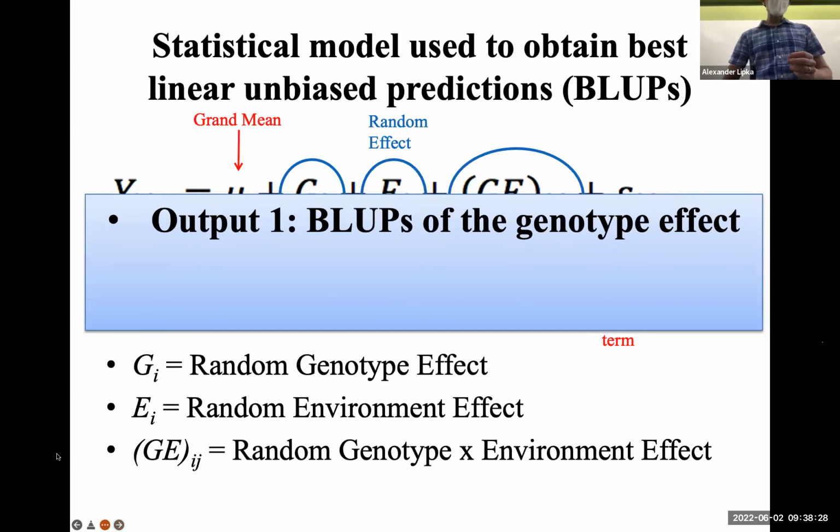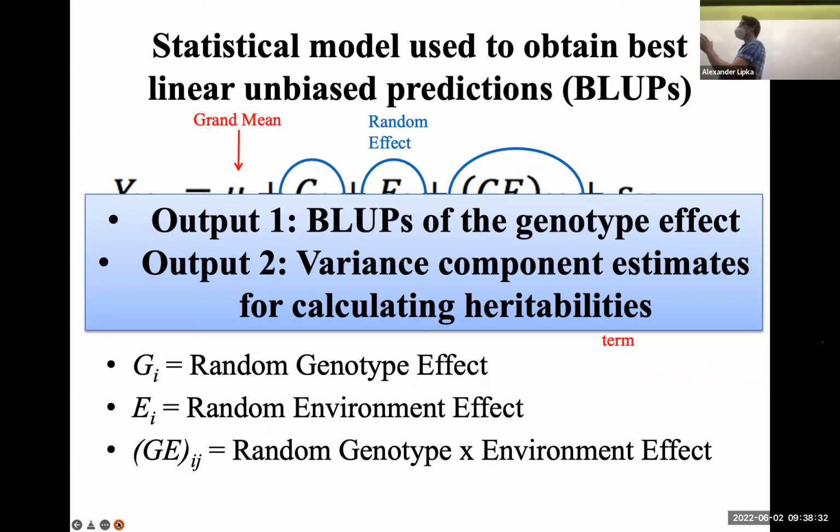And so an added benefit is this: we can get our variance component estimates. Remember that our G main effect, our E main effect, and our G by E interaction effect are all random variables, all random effects.